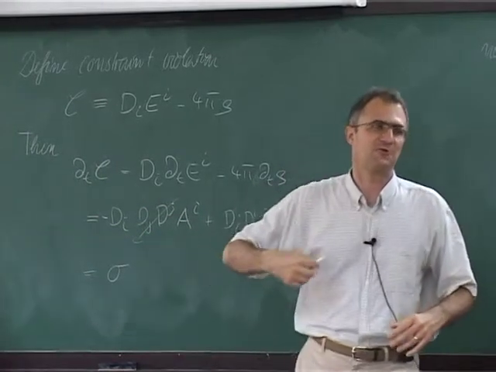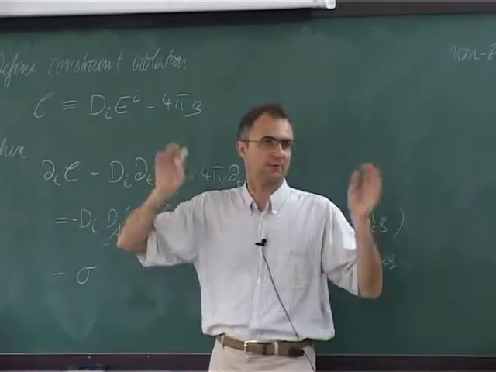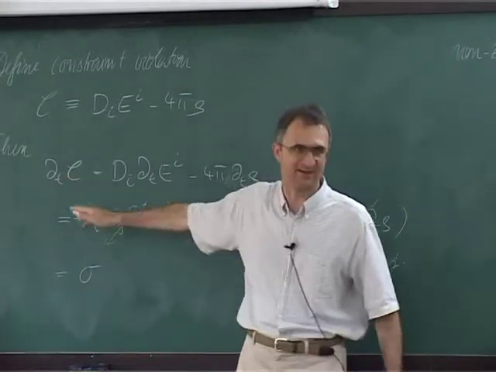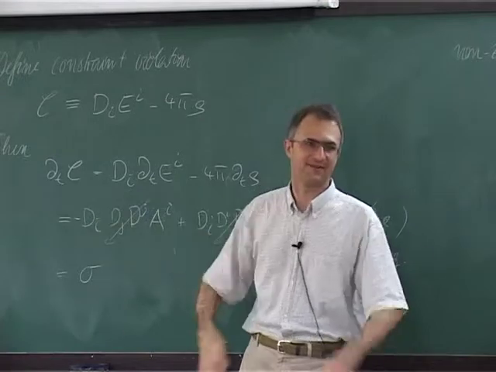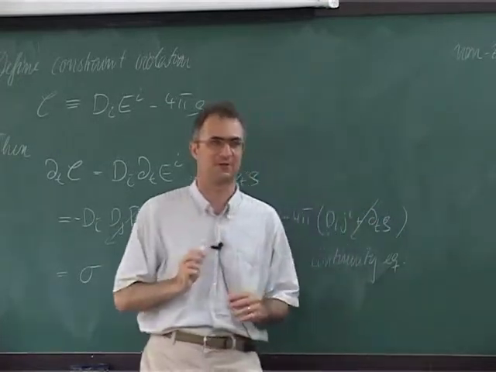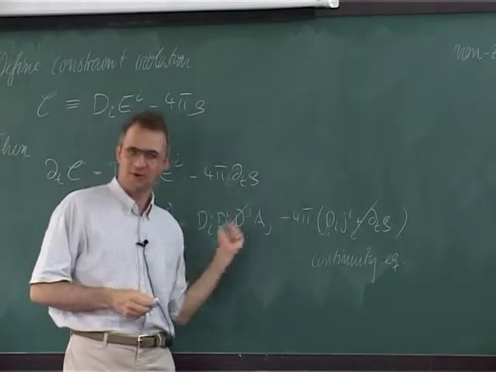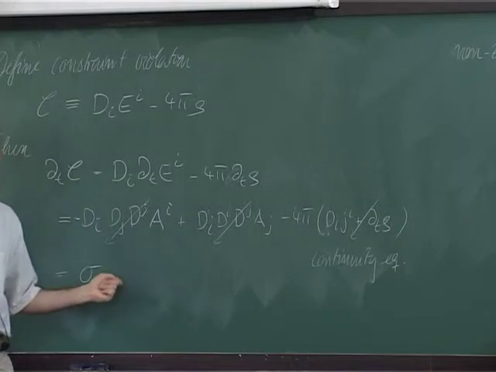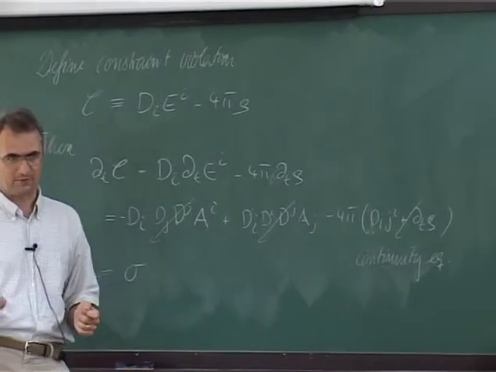So, let's not make too strong statements about moral superiority here, about whether this is good or bad. Okay, it's certainly true that you need something like this so that the evolution equations are consistent, that the constraints are consistent with the evolution equations. Okay, but the point of this exercise is to show you that we can reformulate Maxwell's equations.